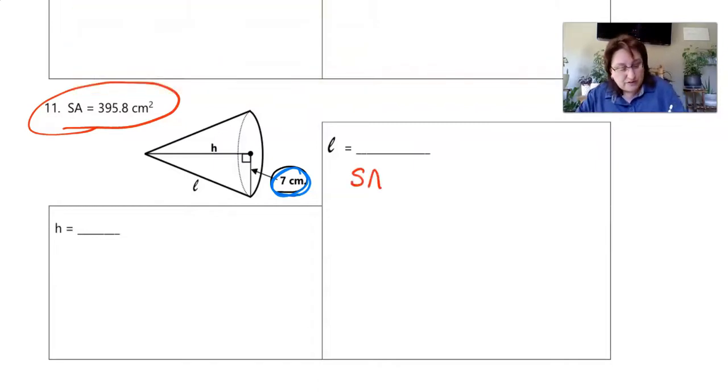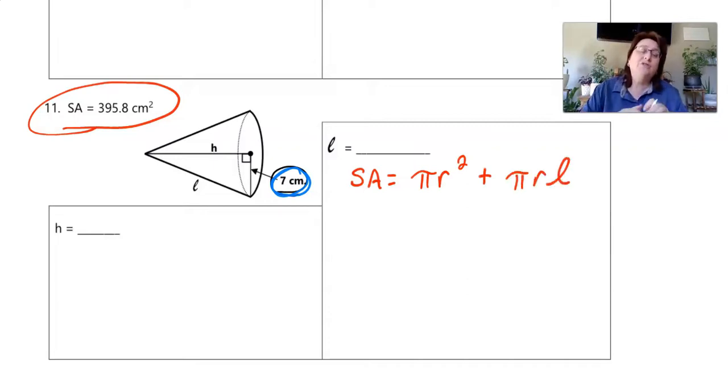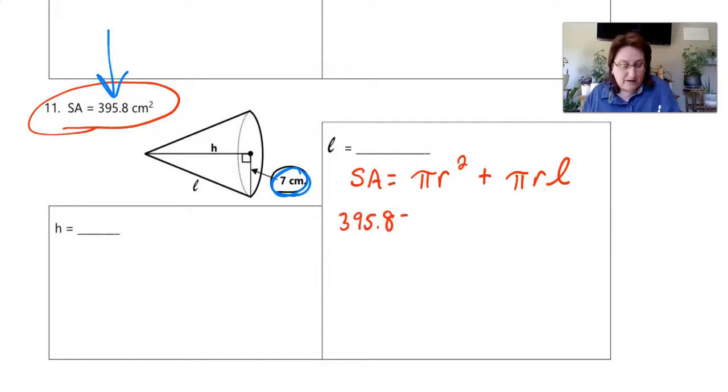Okay, so surface area equals... hey guys, which one of the formulas should we use again? Yeah, we need to use pi r squared plus pi r l. So let's plug in what we know. It gives us the surface area right there, so 395.8 equals pi, plug in the radius.